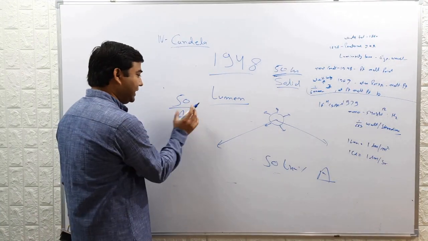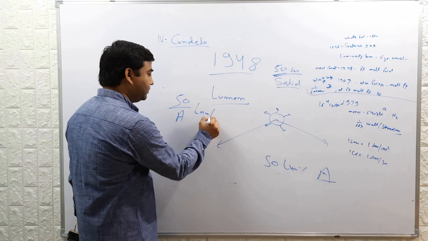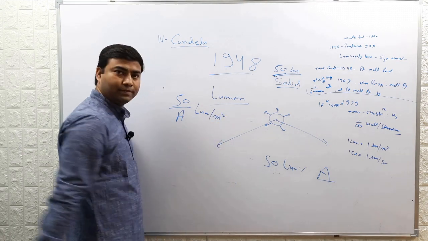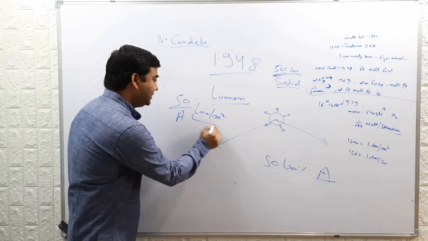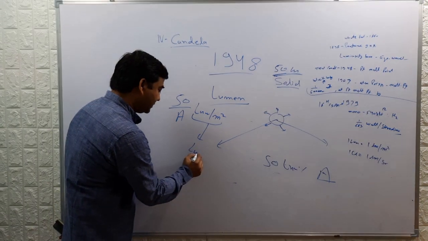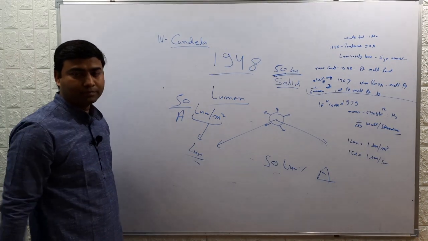This 50 by A lumen per meter square is called illuminance, and illuminance is represented by lux.